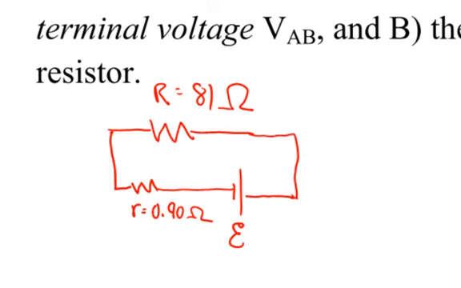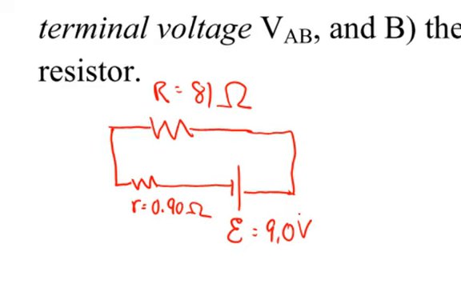Now what I've got is a circuit that has two resistors in it with an ideal source of EMF. This ideal source of EMF is still the same numerical value that it was before I broke the little resistor out. And now I want to combine these two resistors into a single series resistor and figure out what the current is through that single series resistor.